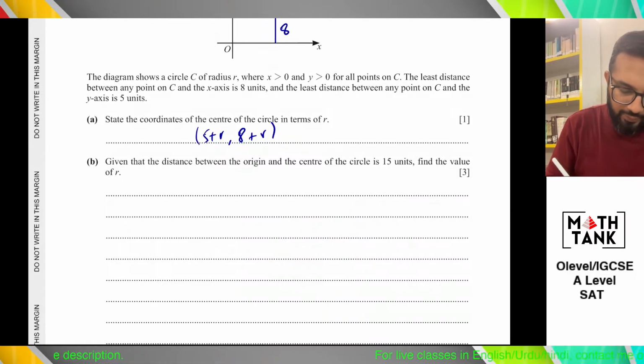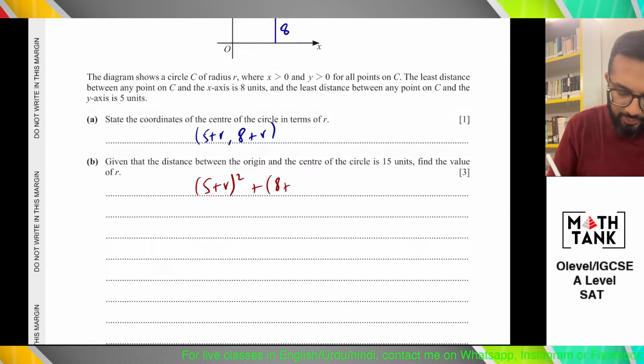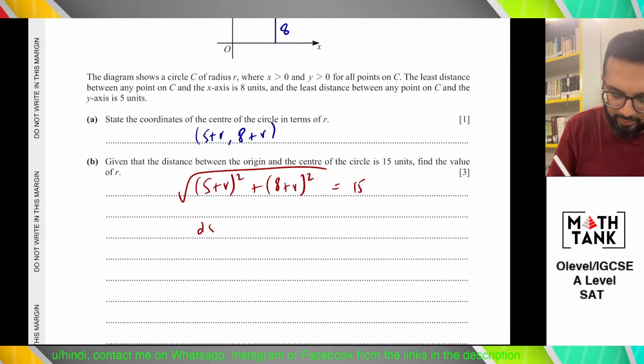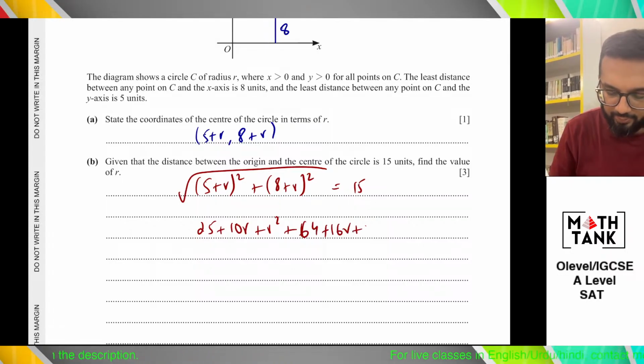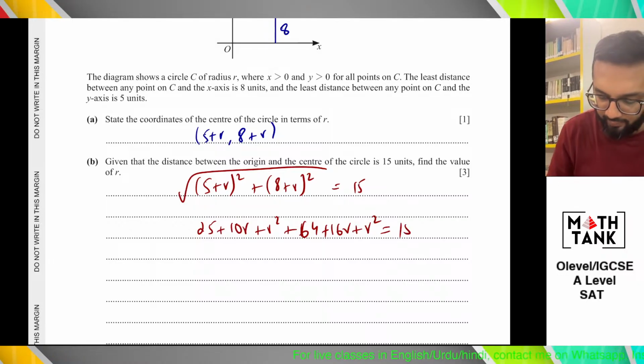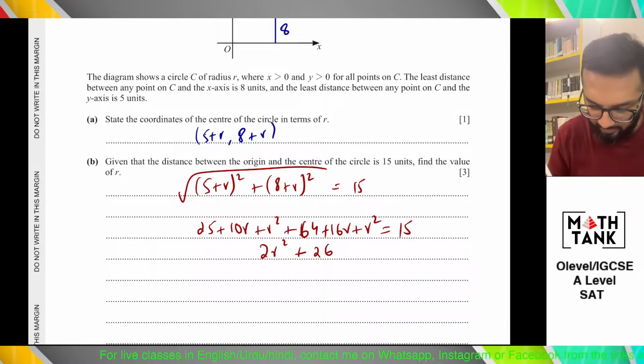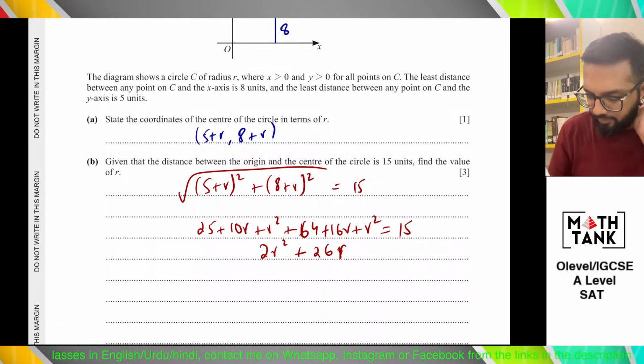Okay, so 5 plus r whole square, 8 plus r whole square, root equals to 15. Okay, squaring both sides and then opening up the squares. 25 plus 10r plus r square plus 64 plus 16r plus r square equals to 15. So 2r square plus 26r minus 130 square basically.